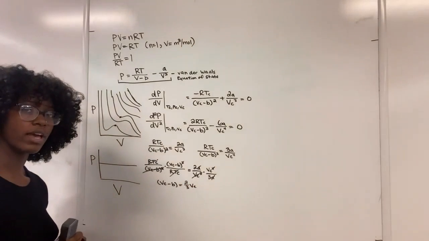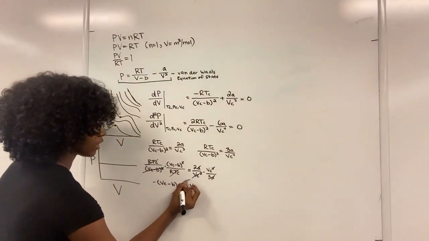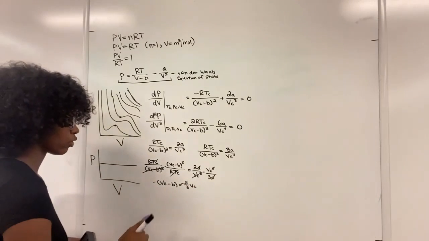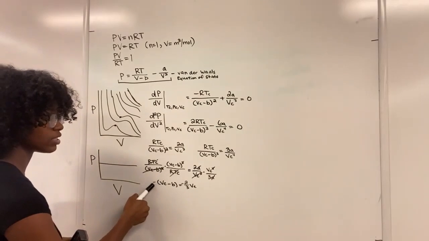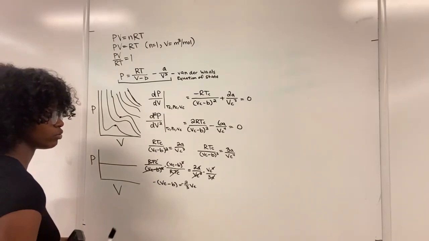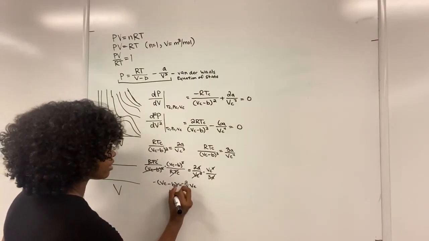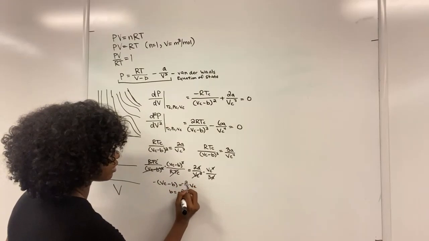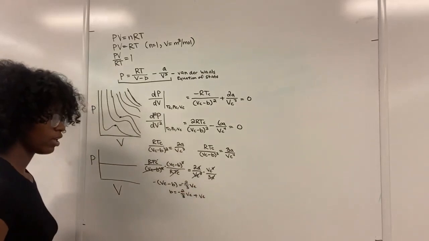So now we can go ahead and solve for B, and what I'm going to do is factor out a negative from both sides so that B is positive and the critical volume on the left is negative, and then I'm going to add the critical volume to the right side so that B is equal to negative 2/3 of the critical volume plus the critical volume.